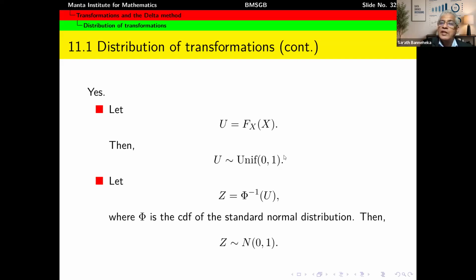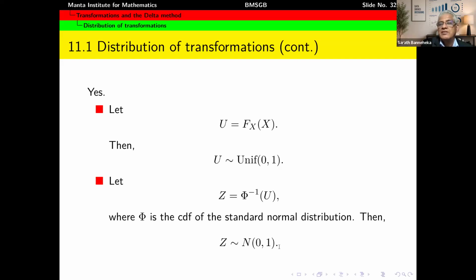Now let us define a new random variable Z, the inverse of the standard normal distribution function evaluated at U. So from those, you will get some Z values, which are standard normal. This is the inverse of the standard normal cumulative distribution function. So Z will be standard normal.